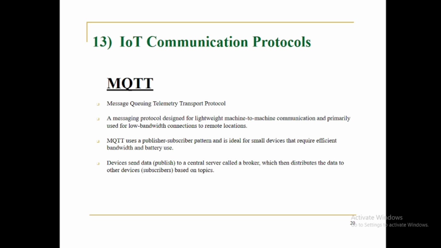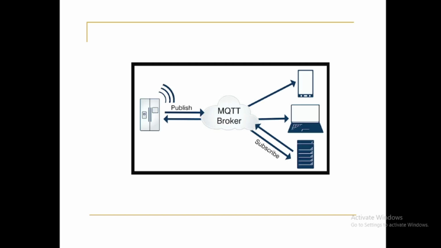IoT communication requires lightweight, reliable protocols that can efficiently transfer data. MQTT, or Message Queuing Telemetry Transport, is a lightweight publish-subscribe protocol designed for devices with limited bandwidth and power. There is a central server called a broker, and client devices send, or publish, data to the central server.